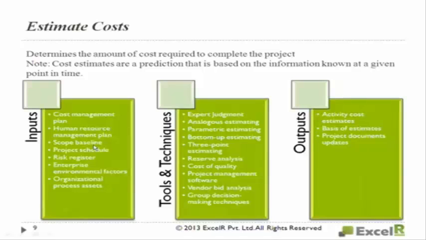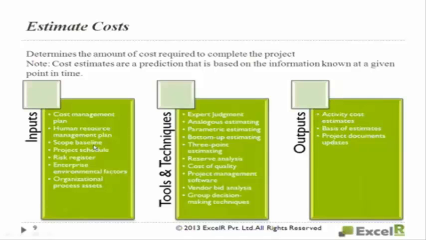It will give you information on the supply and demand conditions, because supply and demand are the factors which influence the cost of your resources. And you have the OPA: your lessons learned, historical information. If you have done a similar project earlier, how they have done it. You can use those things and that will make your job easier. Why do you want to reinvent the wheel? You can use it. So that is OPA.